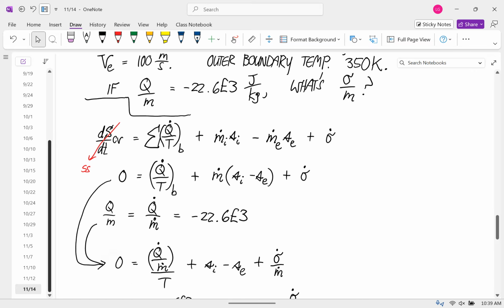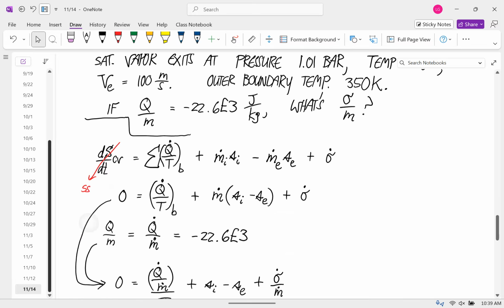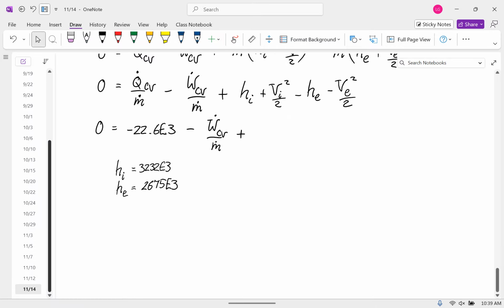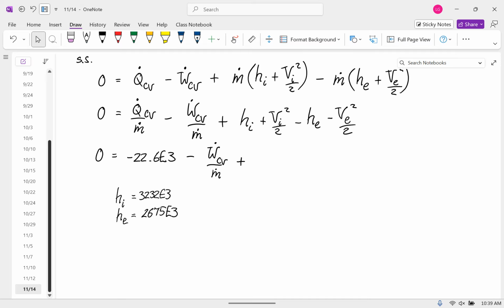And what did we have for speeds? 160 and 100. So this is 3232 times 10 to the third minus 2675 times 10 to the third plus 160 squared over 2 minus 100 squared over 2.